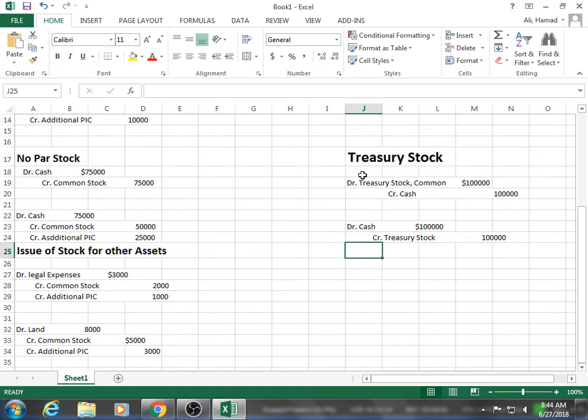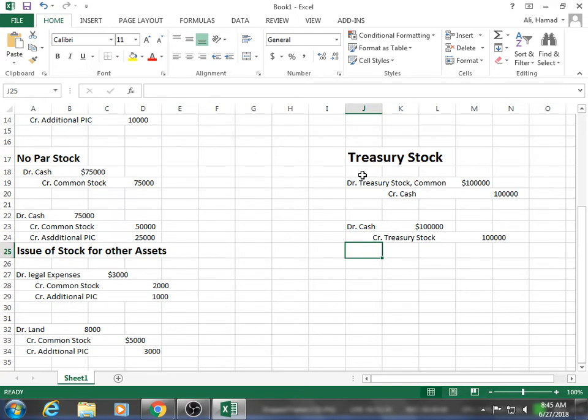They sold all of them in the previous example. Now in this example, on November 15, Kodak sold 1,000 of those for $60 per share. This is an independent situation. We don't have any more treasury stock left.